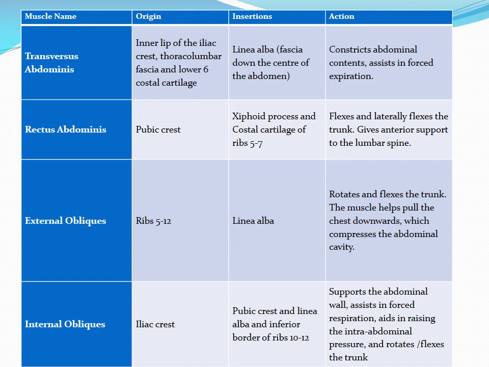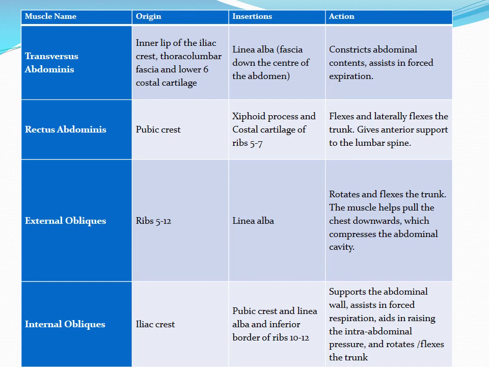Okay? The rectus abdominis is going to run from the pubic crest, so that is the front of the pelvic bone, the pubic crest, to the xiphoid process in the costal cartilages of ribs 5 to 7. So it's going to go from the pubic bone up until the medial part of the rib cage.